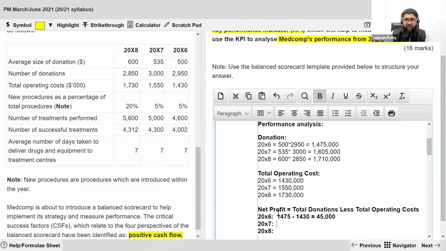Then for the next year, 1605 less 1550 is equivalent to 55,000. And then 1710 less 1730 is equivalent to negative 20,000.